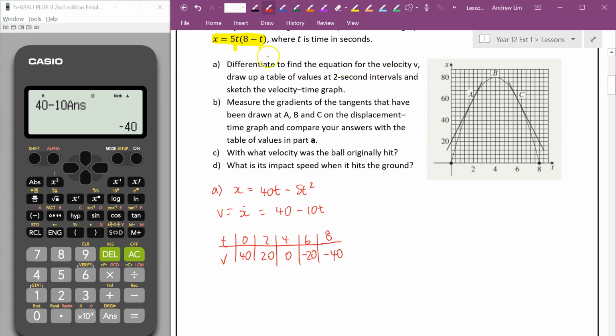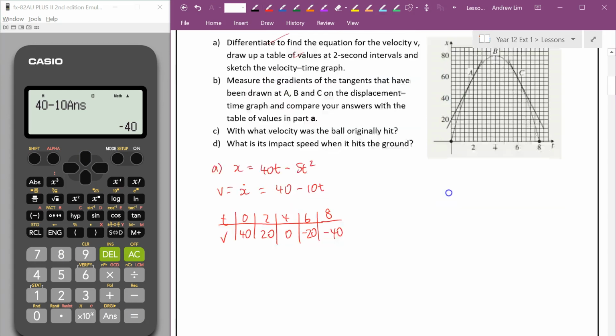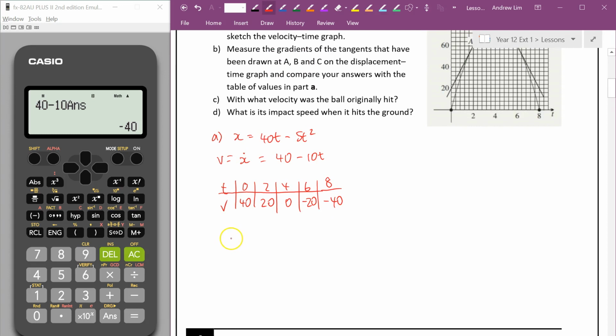So we've differentiated and drawn up the table of values. We now need to sketch the velocity time graph. This is time, and this is my velocity. 2, 4, 6, 8. We know we've got 0 here, and the velocity goes from 40 to negative 40, so I'll say that's 20, 40, negative 20, negative 40.